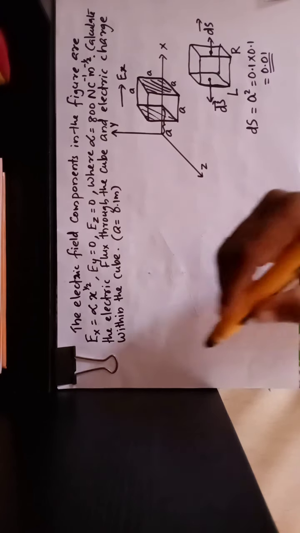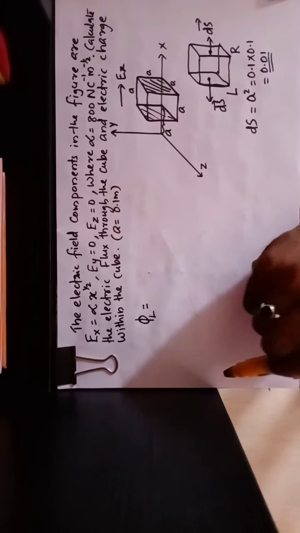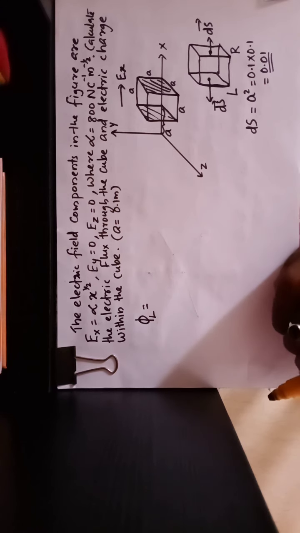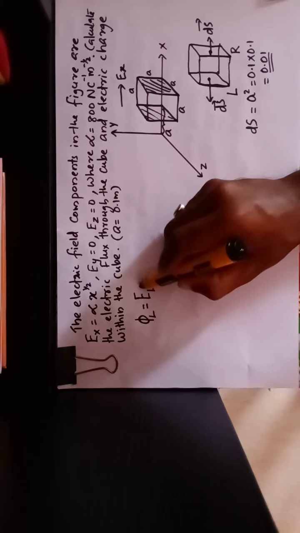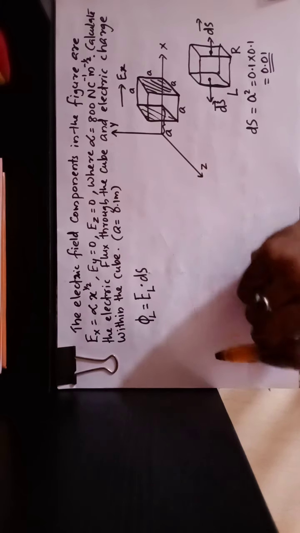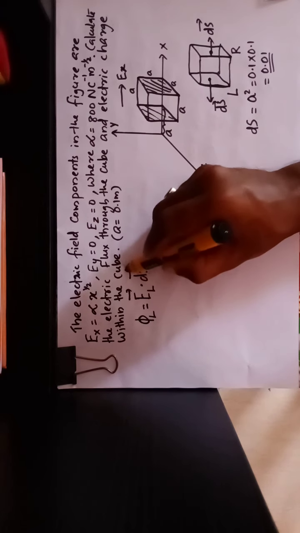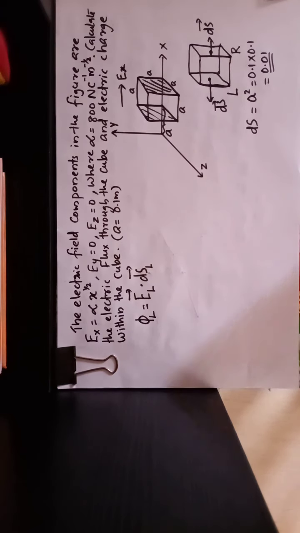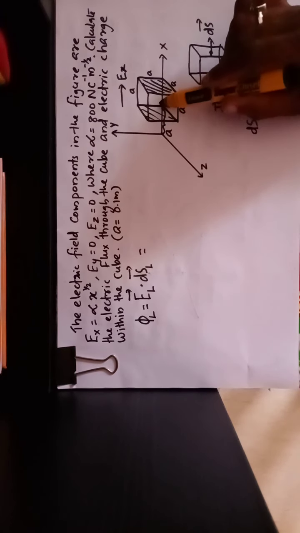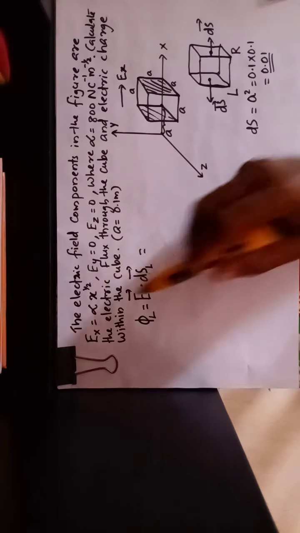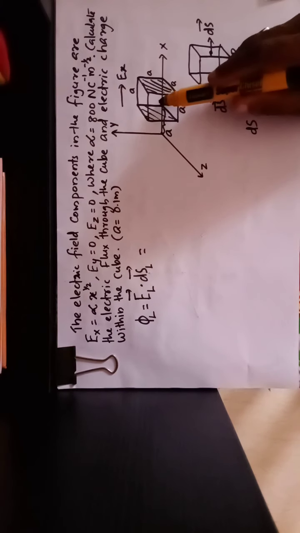At the left side, we can write the equation for flux phi L. Flux is equal to the electric field at the left side, EL, dot the area vector, dsL. Now, what is the electric field at the left side? The electric field has the equation alpha x raised to 1 by 2, where x is the position.